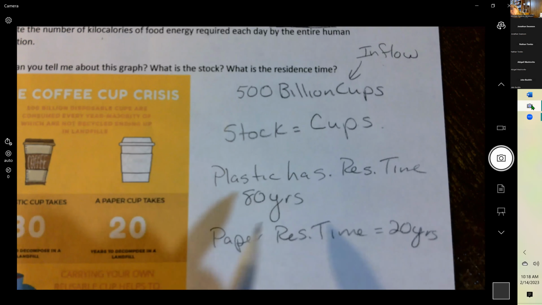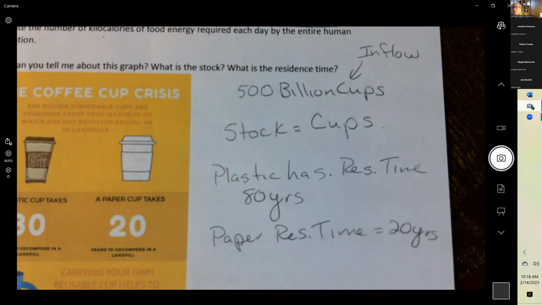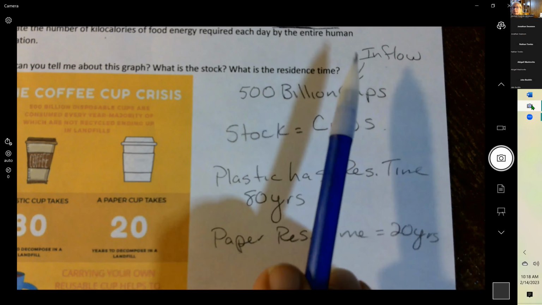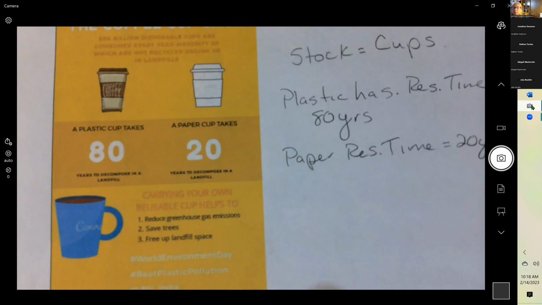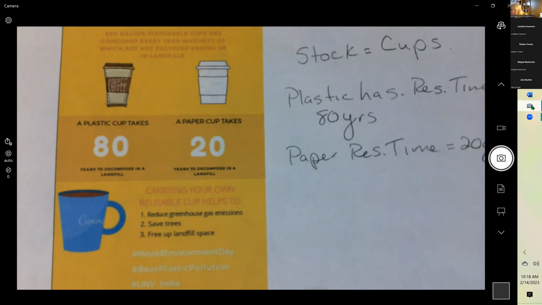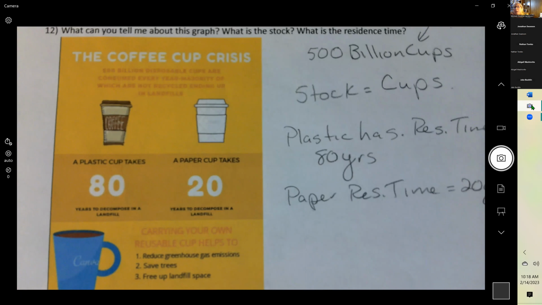So plastic 80 years, paper 20, and then this would be our inflow. Any questions on that? There will be some type of graph or chart like this, and you'll need to explain parts about it. Any questions on that?